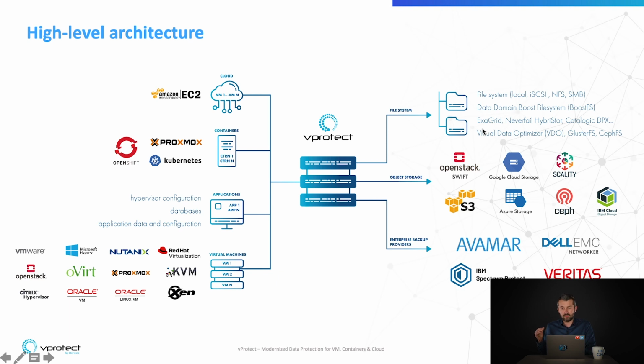In most cases, we are using, for example, Data Domain integration, or the Virtual Data Optimizer, so we have our own capability to encrypt, compress, and dedupe the data on a target. But you can also choose object storage, one of the cloud providers, or an object storage gateway if you have an on-prem installation, to store your backups.